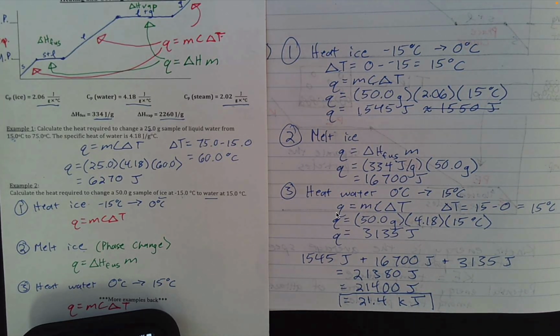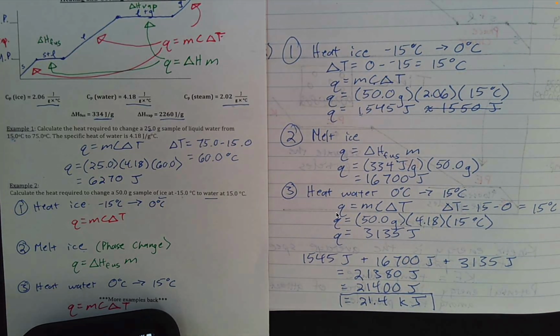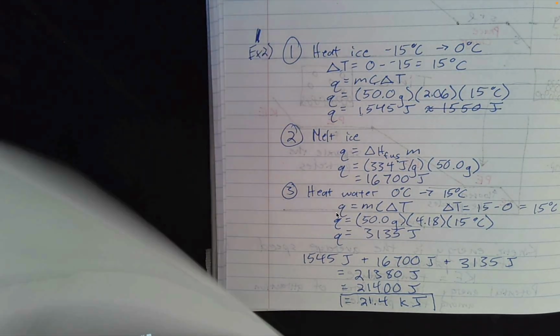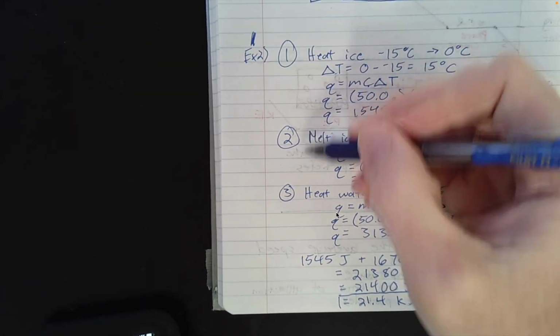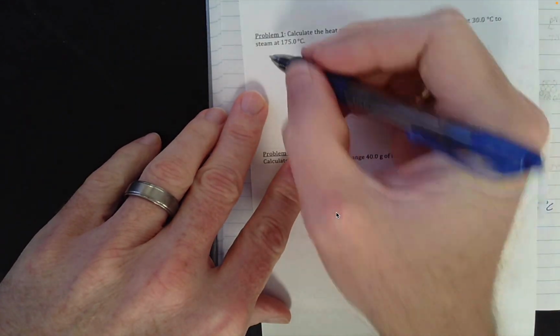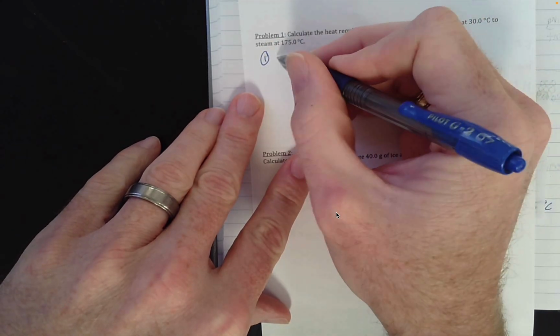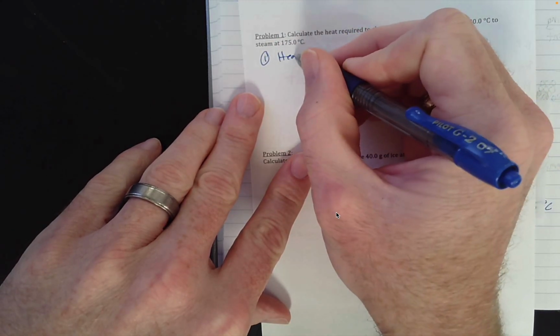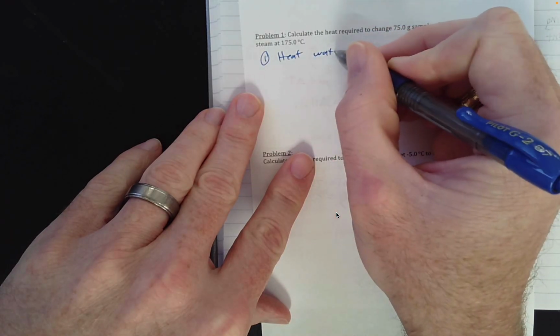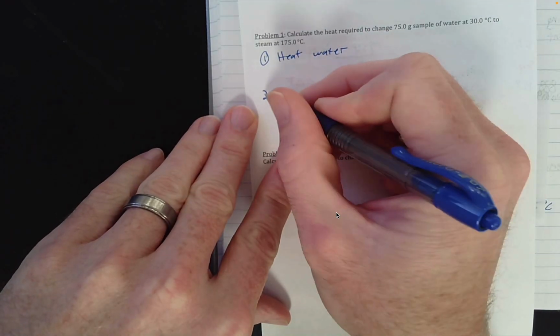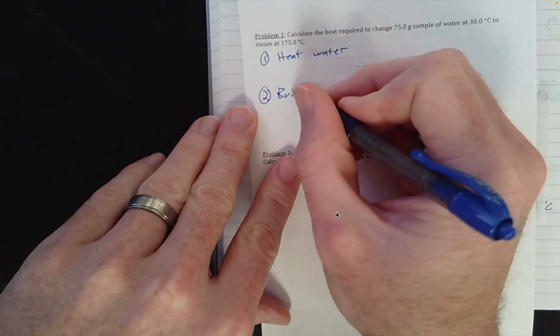If we did 2 phase changes, if we started at ice and ended up at steam, that would actually take 5 calculations, 5 parts, 1, 2, 3, okay? So on the back, you have 2 problems. These problems are up to you. You now need to change water into steam, okay? So that will take 3 parts. Here you have to heat the water. The second part is to boil the water.